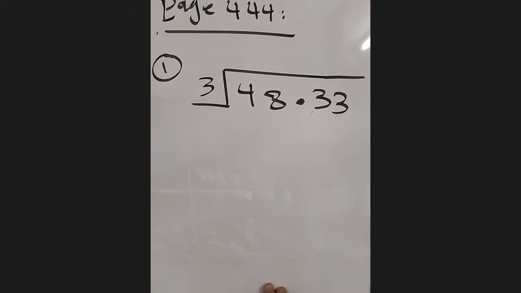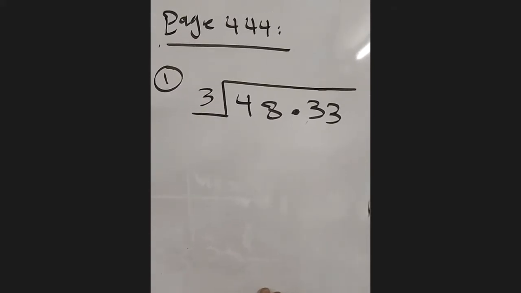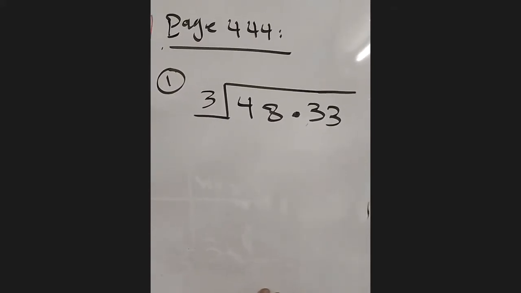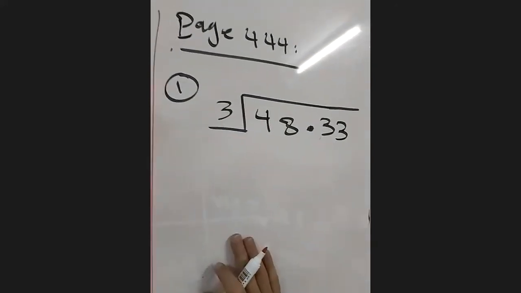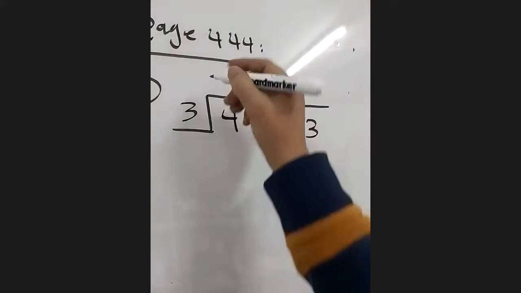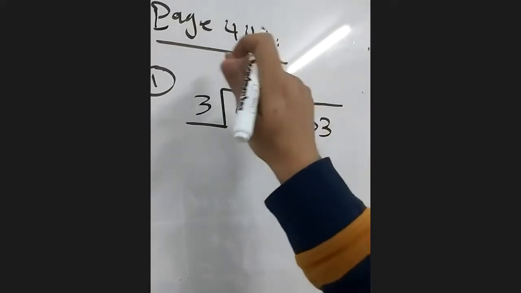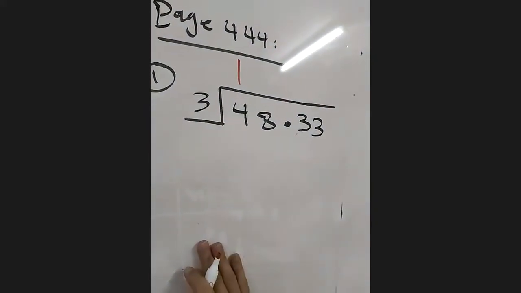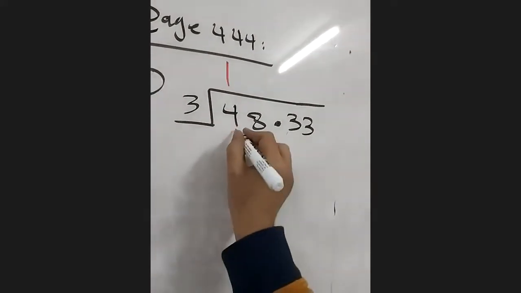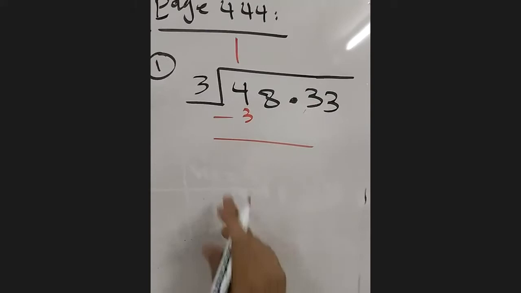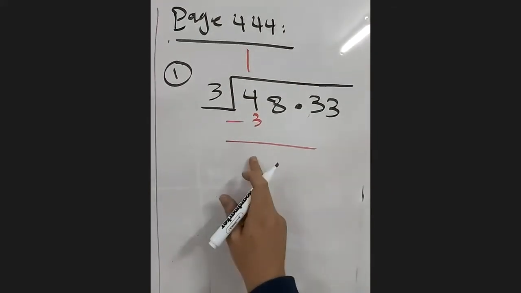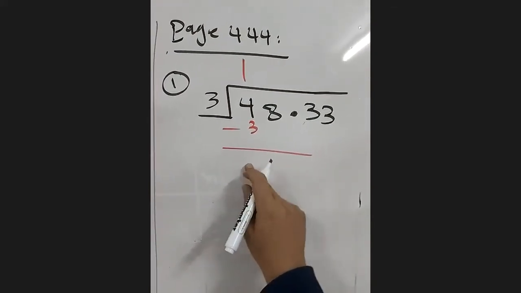First, 4 divided by 3. How much is 4 divided by 3? 1. Excellent. 1 multiply 3, 3. Now we will do subtraction, right? 4 minus 3 is 1.